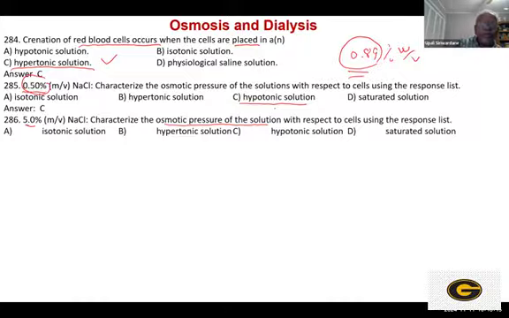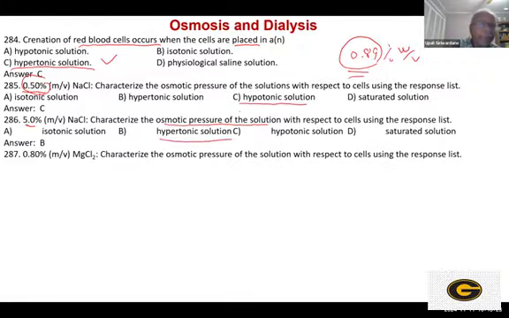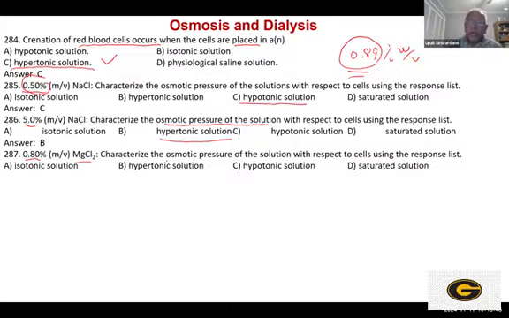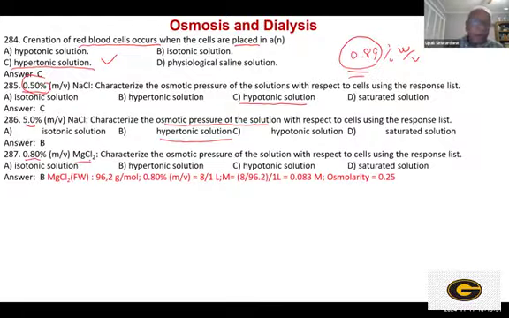Therefore, it has to be B. If you have a 0.8 magnesium chloride solution, now you have to calculate the osmolarity of the magnesium chloride solution. How do you calculate this? This is 8.0.